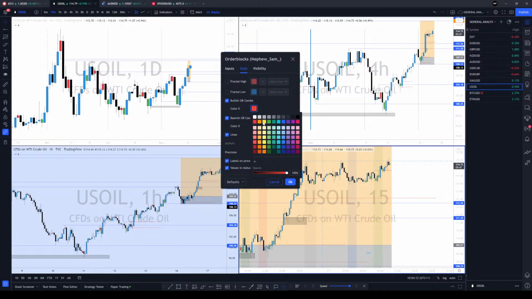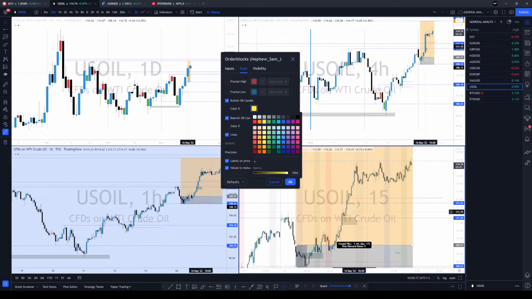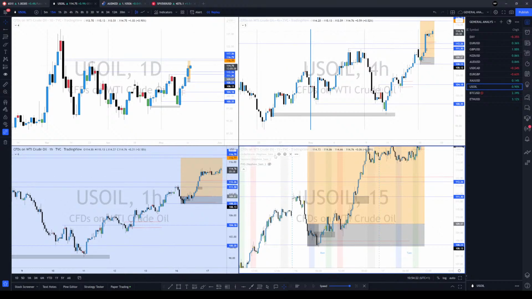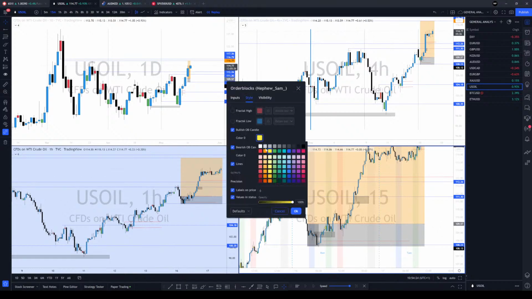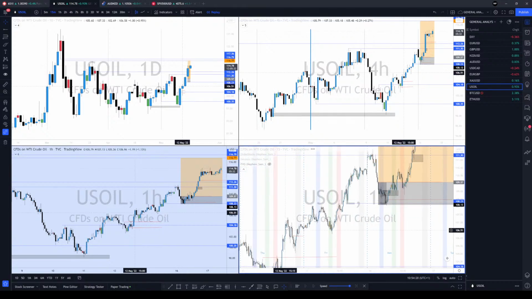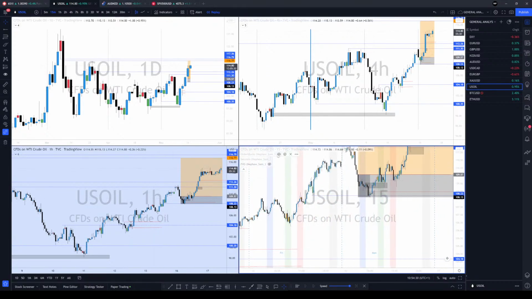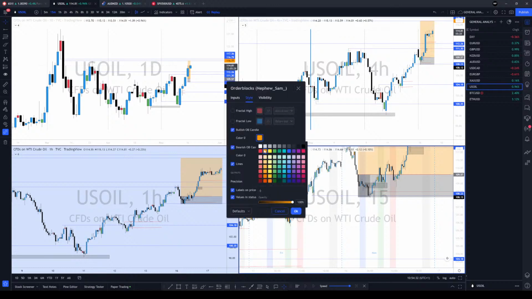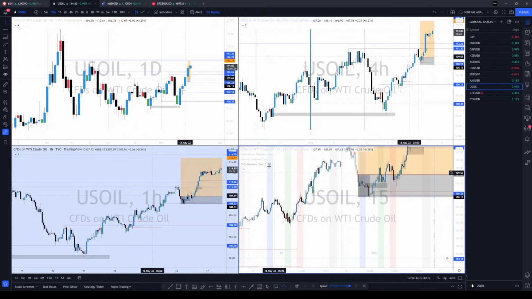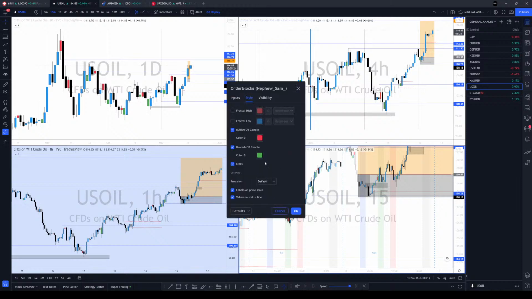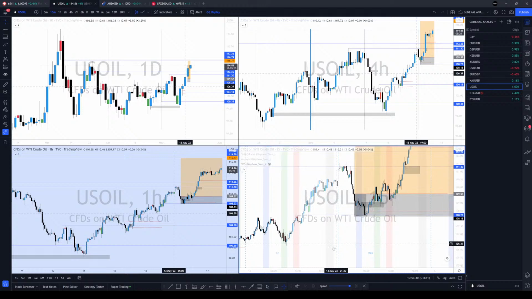If you change it to yellow, all your bearish order blocks on that chart will be yellow. If you change it to orange, all your bearish order blocks will be orange. But I like red, so it's red for my bearish order blocks and green for my bullish order blocks.